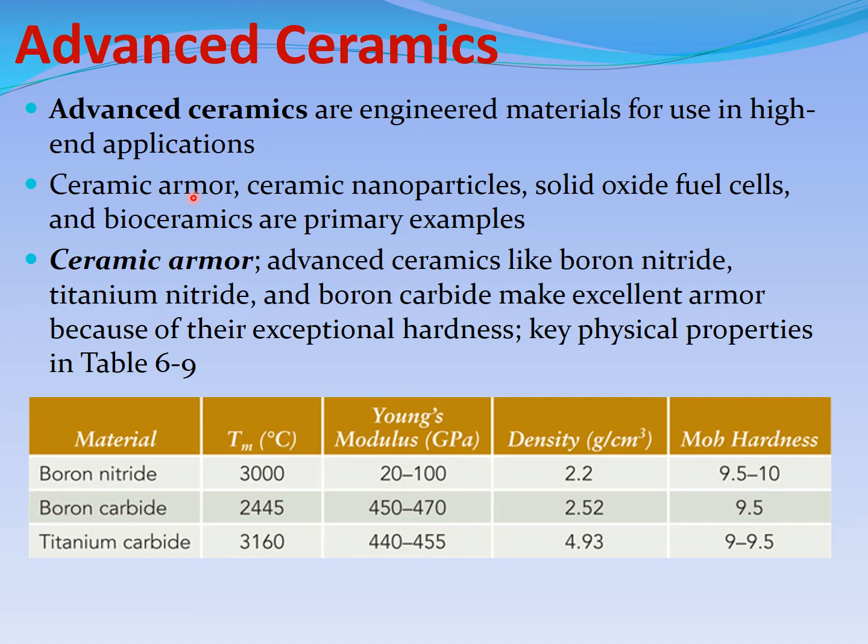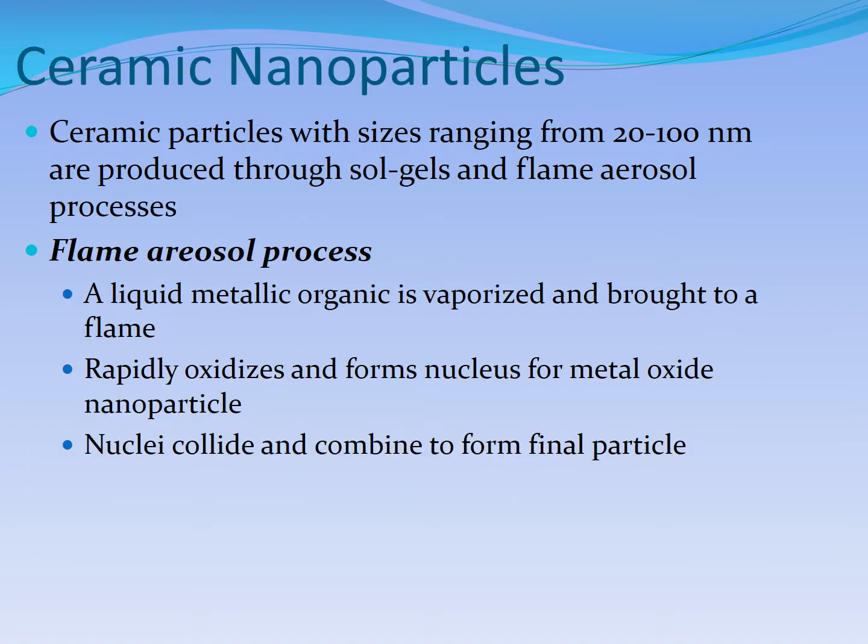Ceramic armor, ceramic nanoparticles, solid oxide fuel cells, bioceramics are big examples. Ceramic armor, bulletproof and so on: boron nitride, titanium nitride, boron carbide. Some of these properties: melting temperatures above 2500, above 3000, their Young's modulus, their density, their hardness. So these are advanced ceramics.